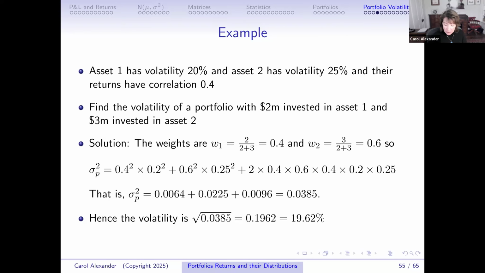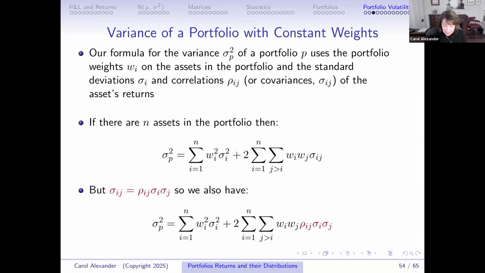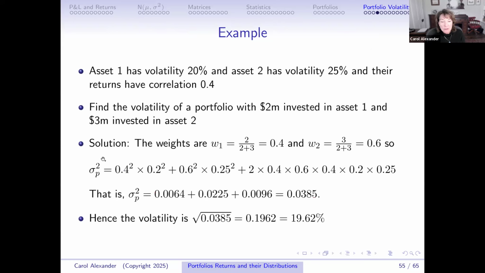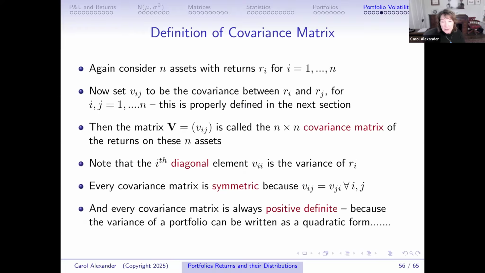And then using that formula here with just n equals 2, it gives you the first weight squared times standard deviation squared, etc., etc. So that gives us the variance, and the volatility is just the square root of that because we were given the inputs in terms of volatility. We didn't have to compound them from daily standard deviation into annualized standard deviation.